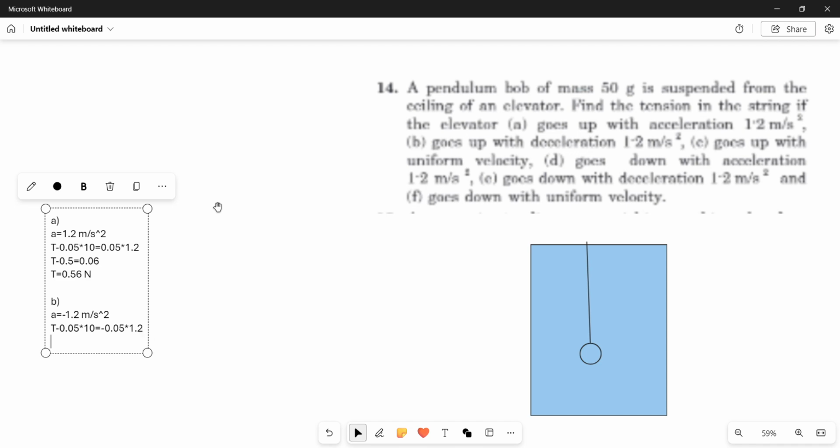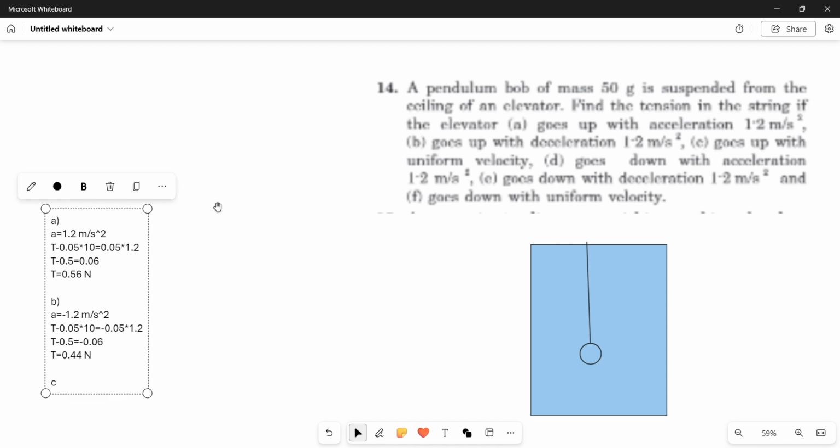So tension T minus 0.5 should be equal to minus 0.06. So tension T is equal to 0.44 newton. So we are done with part B.